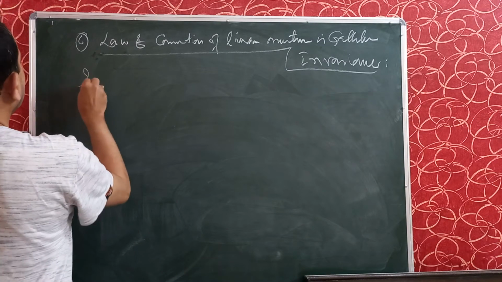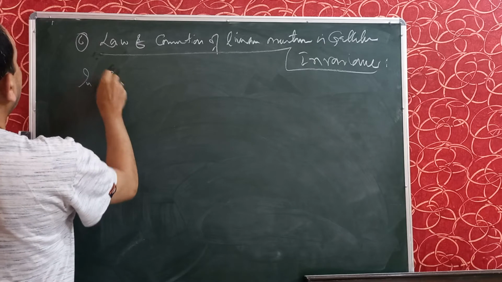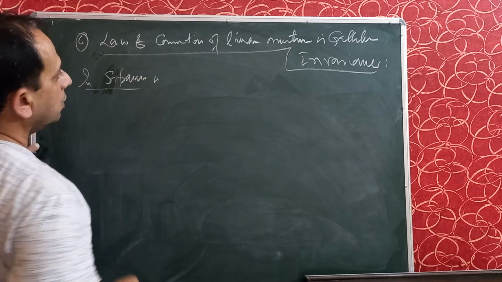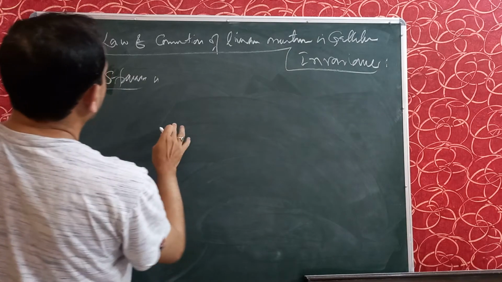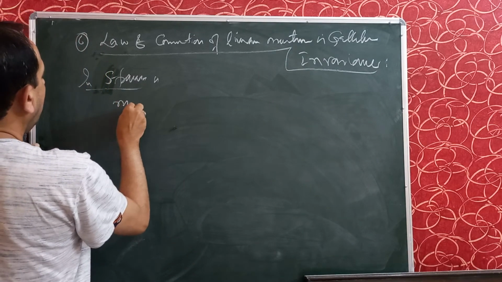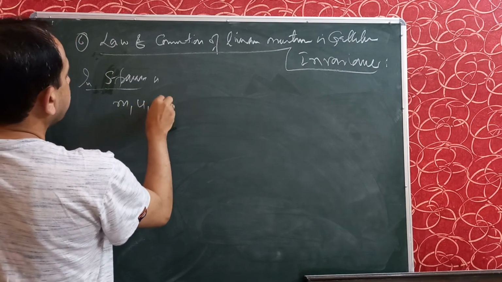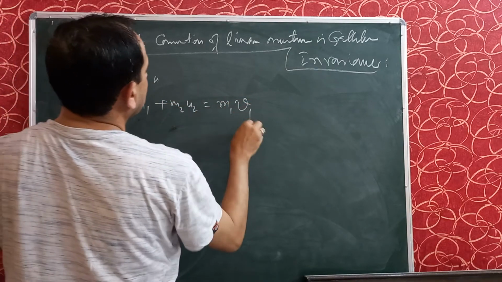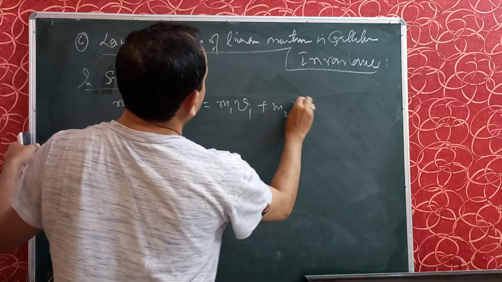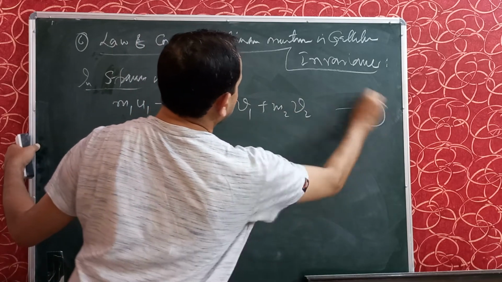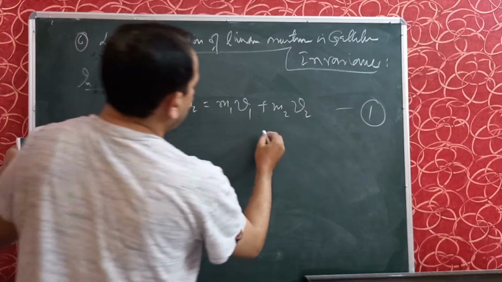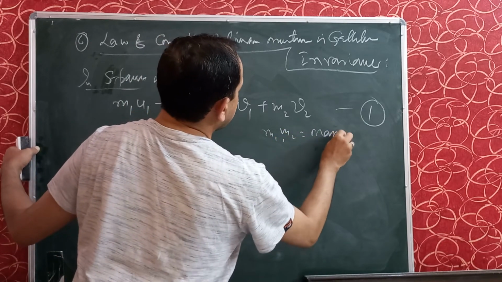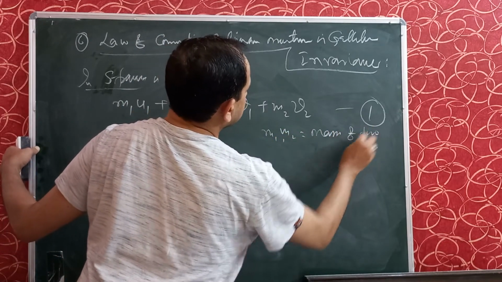So in the S frame, the law of conservation of momentum may be written as m1 u1 plus m2 u2 equal to m1 v1 plus m2 v2, where m1, m2 are the masses of two particles.